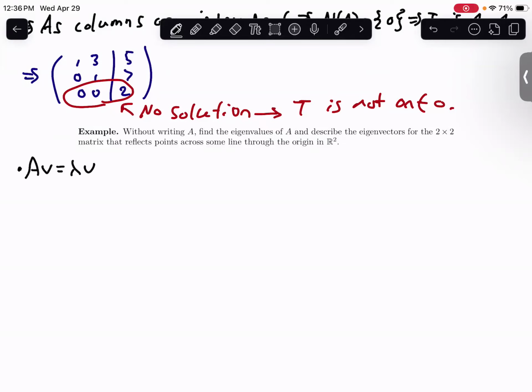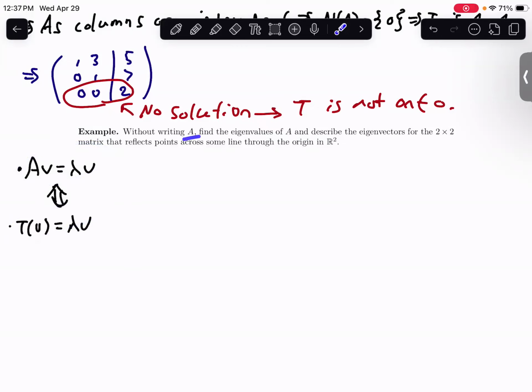In terms of linear transformations, matrix multiplication can be expressed as T evaluated at some vector. So this can be rewritten as T of v equals lambda v. Without using matrices, you could think about eigenvalues and eigenvectors in terms of linear transformations, and they're equivalent to one another.